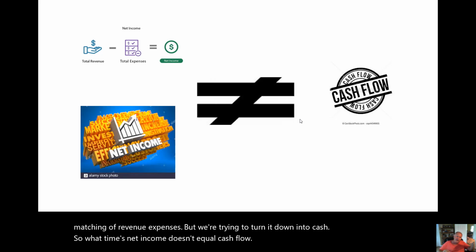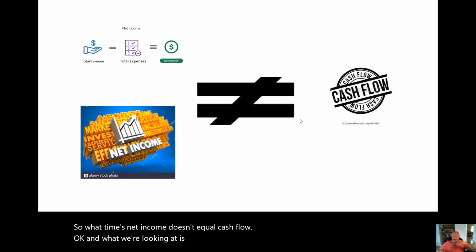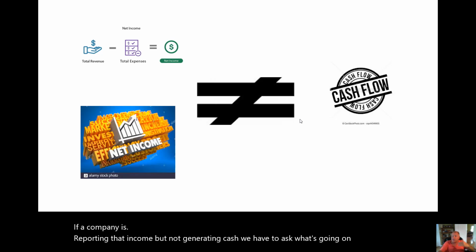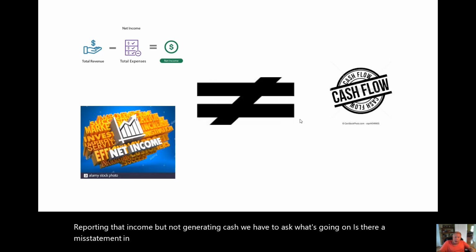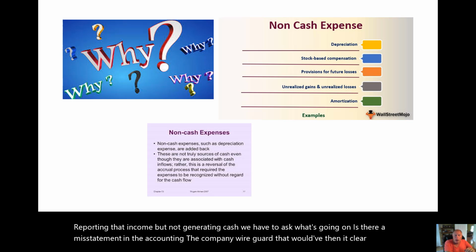And what we're looking at is major gaps and differences. If a company is reporting net income but not generating cash, we have to ask what's going on. Is there a misstatement in the accounting? The company WireGuard, that would have been a clear signal to us.